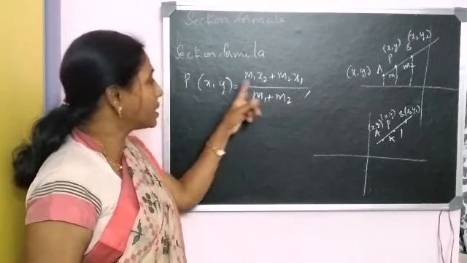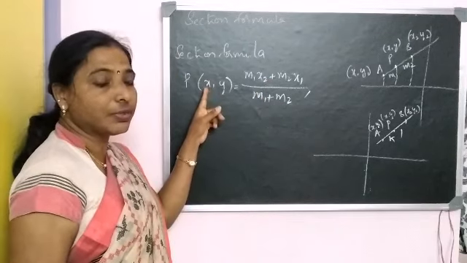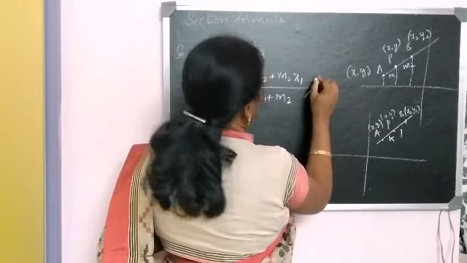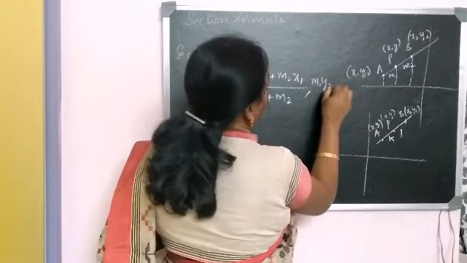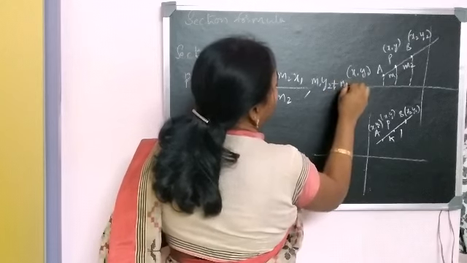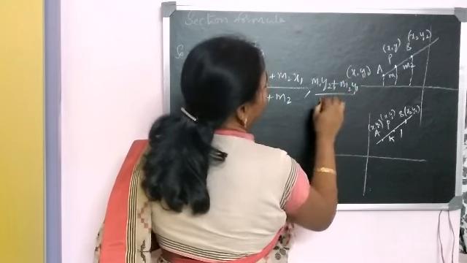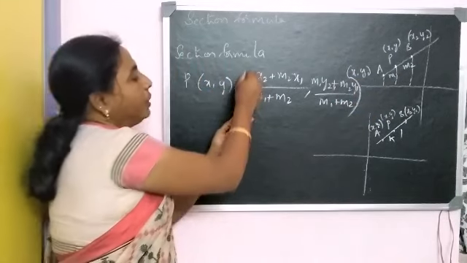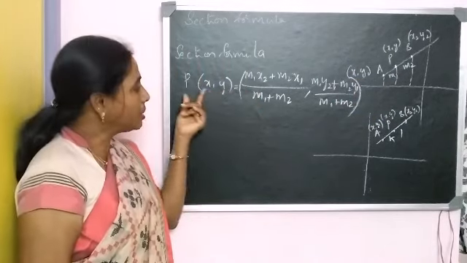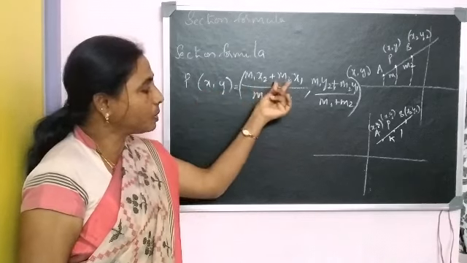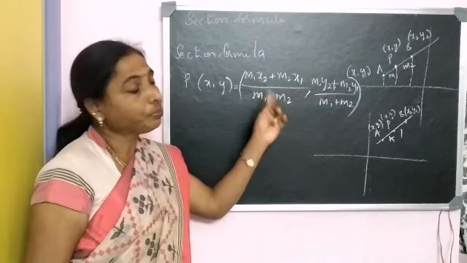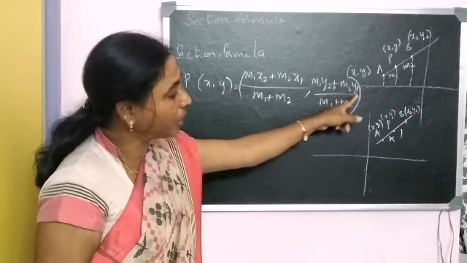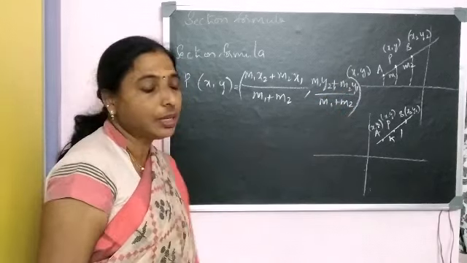This is for the x coordinate. Next one is for y: m1 y2 plus m2 y1 divided by m1 plus m2. This is how we take the coordinates. So P of xy is m1 x2 plus m2 x1 divided by m1 plus m2, and similarly for y, m1 y2 plus m2 y1 divided by m1 plus m2.